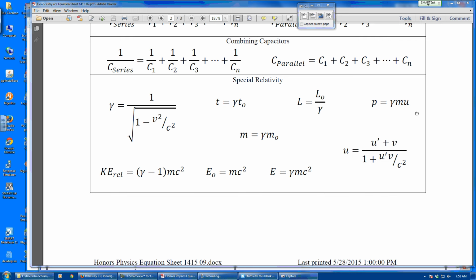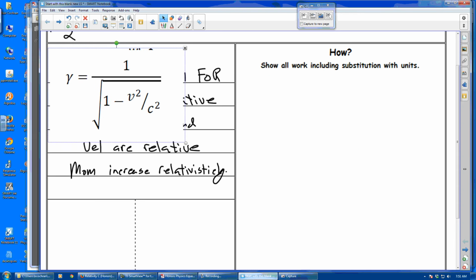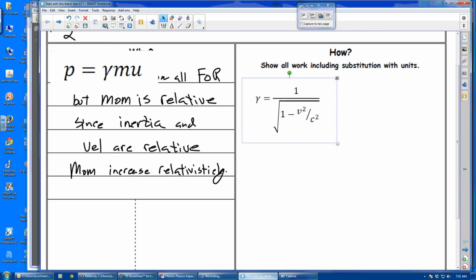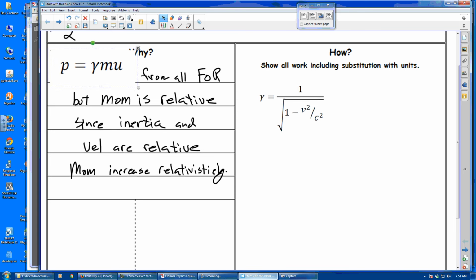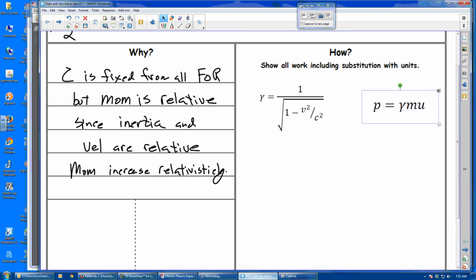And I will need my Lorentz transformation.